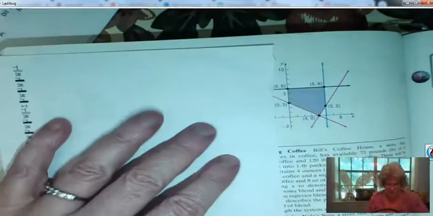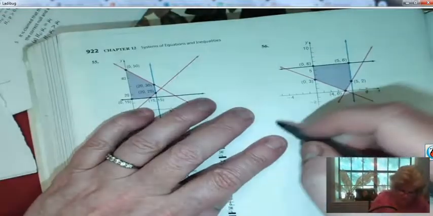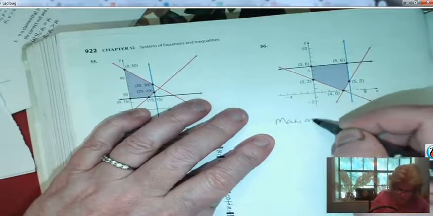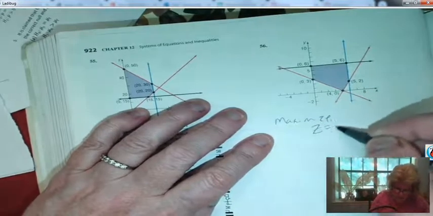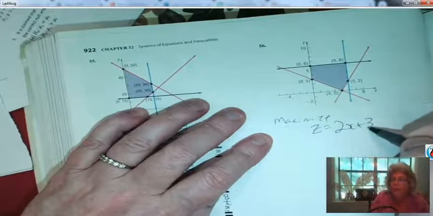So let's do one more where they don't give us the horrible conditions first, they just give us the picture. So let's see if I can move this in here. Okay, so we've had this before. And let's maximize the objective function Z equals 2x plus 3y.